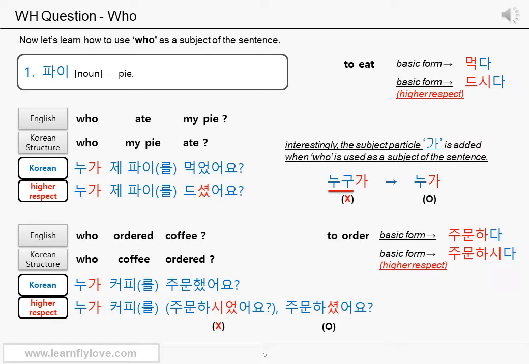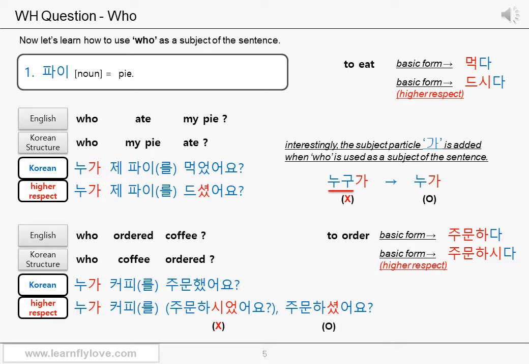To convert it into the past tense, you need to add 었어요 sound to the stem 드시 because 시 has a neutral vowel e. That's why we add 었어요. If the last letter of the stem has a yang vowel like a or o, we need to add 았어요, okay?